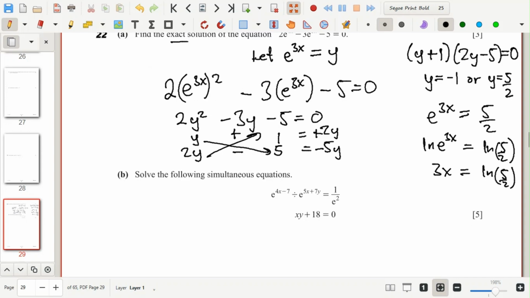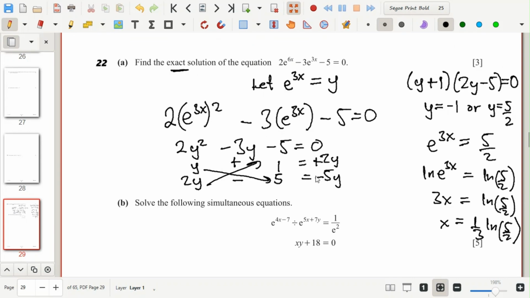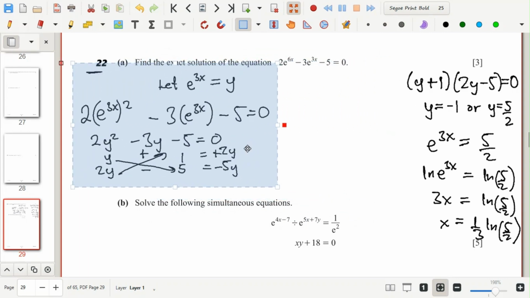They want the exact solution, so don't break it down to decimal. So our final answer is x is equal to 1 over 3 ln 5 on 2. Let me squeeze this a little bit.